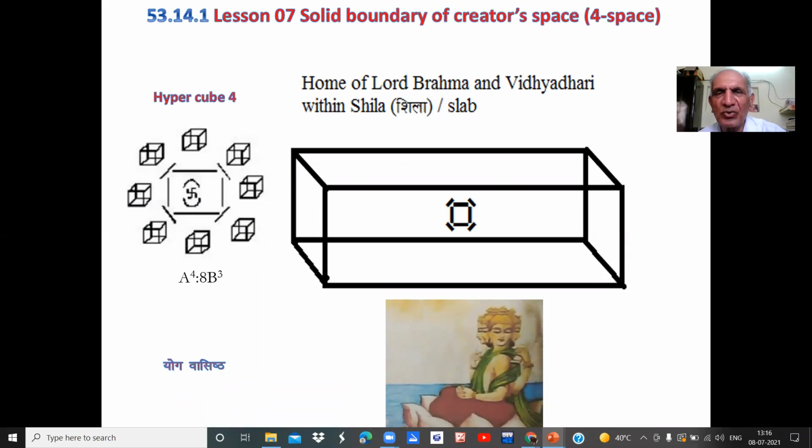Today, in continuity, we are proceeding ahead as a sequential step from the spatial boundary setup to the solid boundary setup.